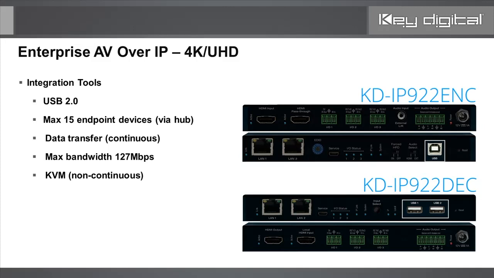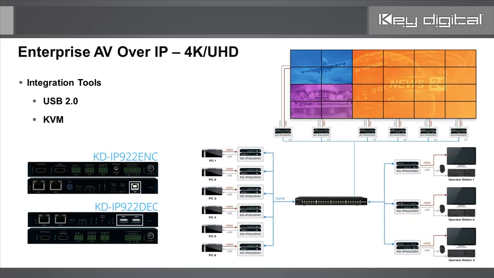And you could also use the USB connectors for KVM applications, as we have designed here, where we have a network operations center or emergency operations center. We have 6 PC sources, which have the USB-B connection into their PC computers.